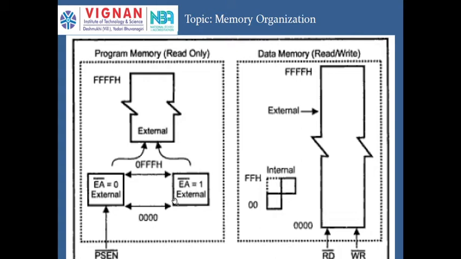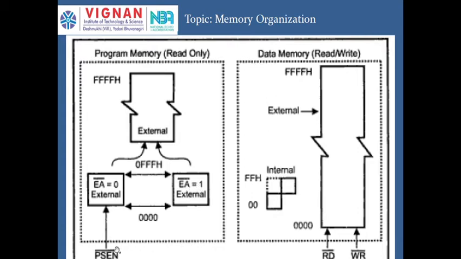So we already have some on chip ROM which is 4 kilobytes. By making the pin EA bar equal to 1, that is external access, which is active low. Whenever it is 0, that is active, therefore it is external, or if it is 1, that is internal ROM.